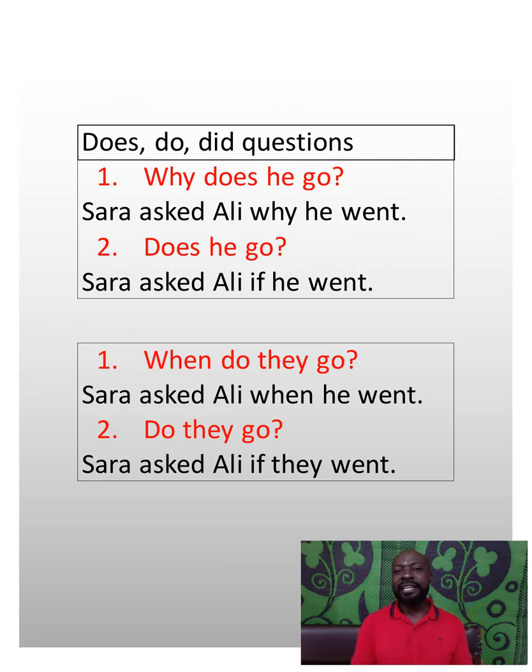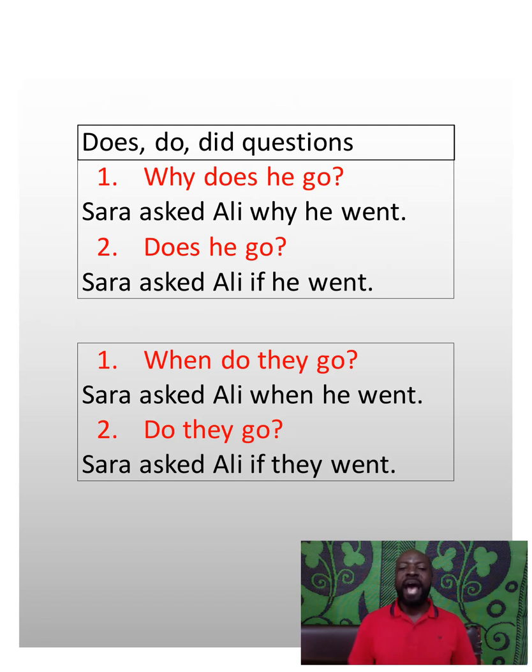But I changed go to went. When you jump does, you change the verb to the past simple. So when you see does in a question, go to the next verb and change it to the past. The past simple of go is went. Sarah asked Ali why he went. Does he go? Sarah asked Ali if he went.